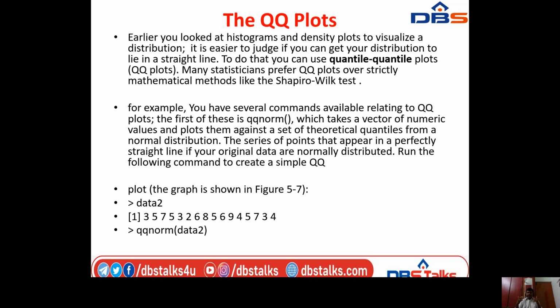For those quantiles, it draws a line for every distribution, and by taking a straight line it checks whether the two distributions are similar or not. If the points appear in a perfectly straight line, then your original data are normally distributed. That tells us your distribution is the normal distribution.